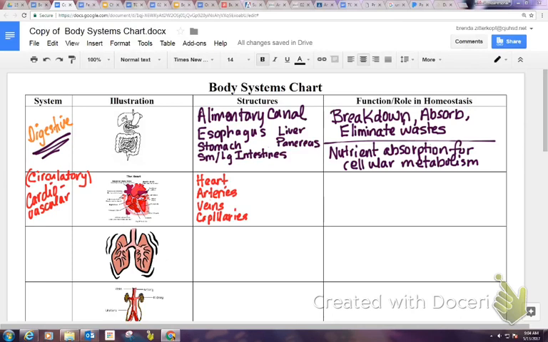So, function. Transport of blood throughout the body.